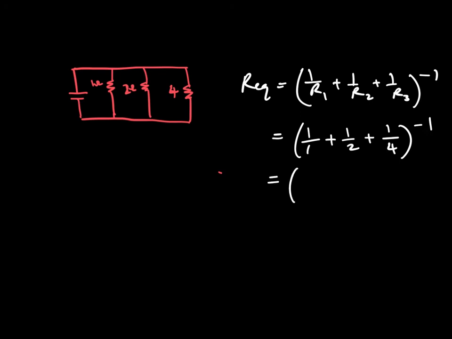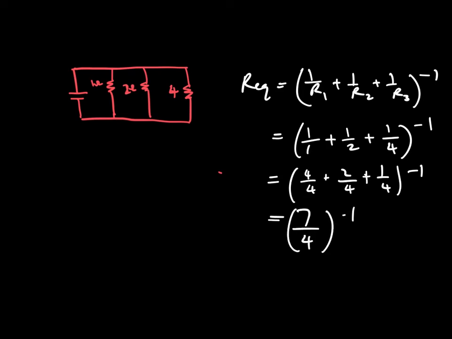Now you can rewrite 1 over 1 as 4 over 4. 1 over 2 is the same as 2 over 4, and then plus 1 over 4, to the minus 1. So this is 7 over 4 to the minus 1, which is 4 over 7 ohms. So that's the equivalent resistance of this circuit.